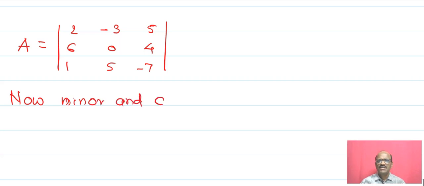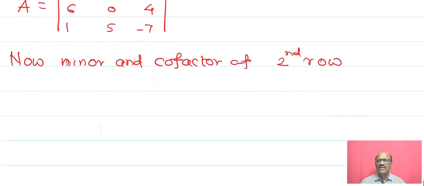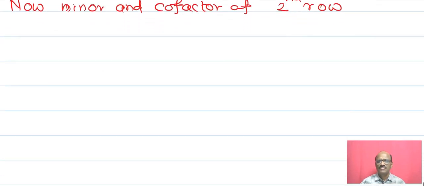Again, now the minor and the cofactor of the second row. Now see this. First of all, the minor and cofactor of the second row.